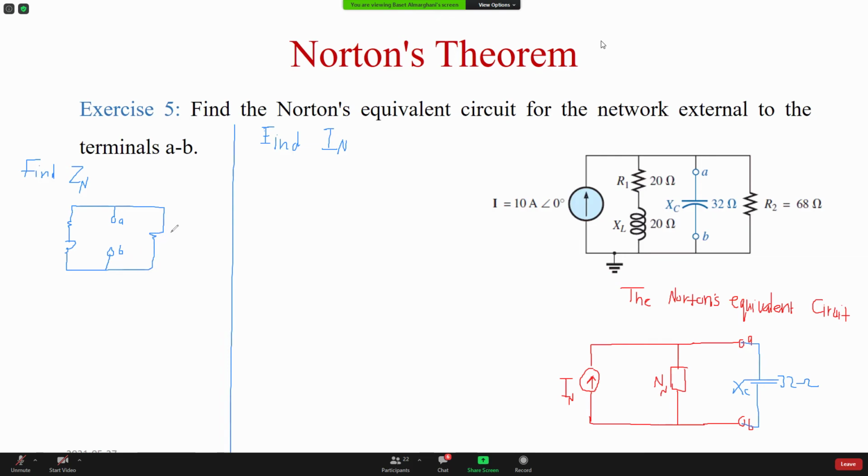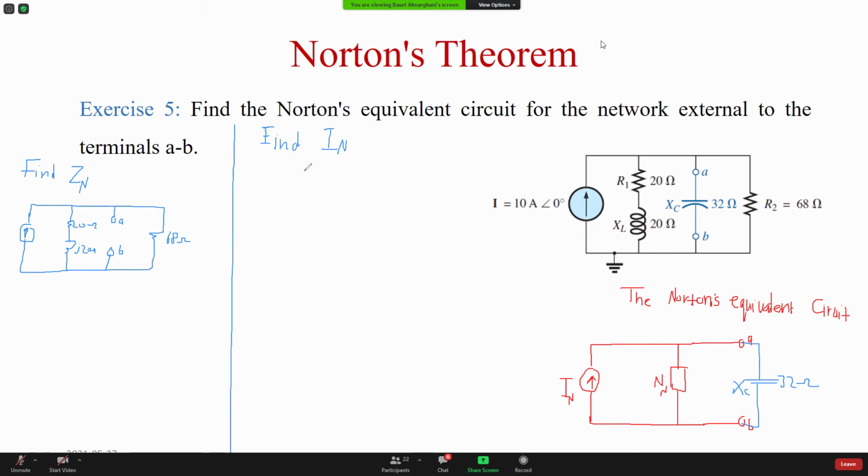This R2 is 68, and this is 20 ohm, and this is j20. Remember, we use impedance, so we have to put the j when you have an inductor or capacitor. And we have the source here. So this is the circuit.